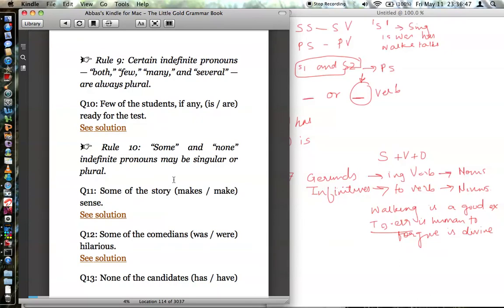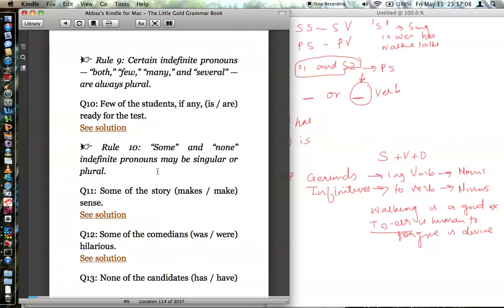Let's try question 10. Few of the students, since few is a plural indefinite pronoun, you say few of the students are ready for the test.